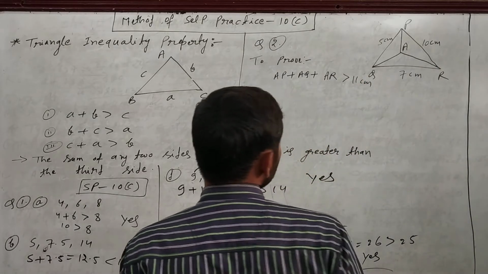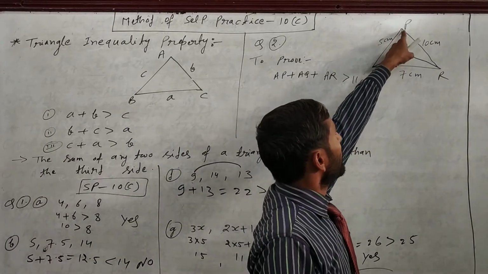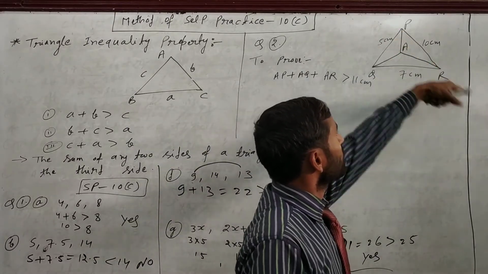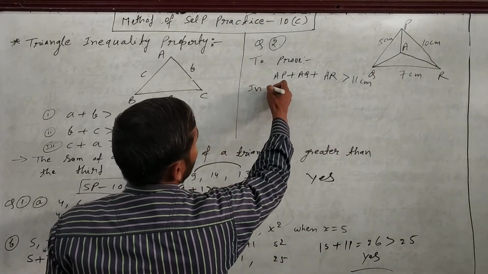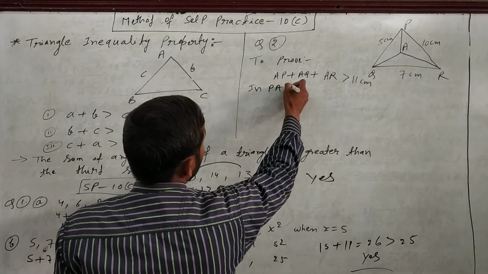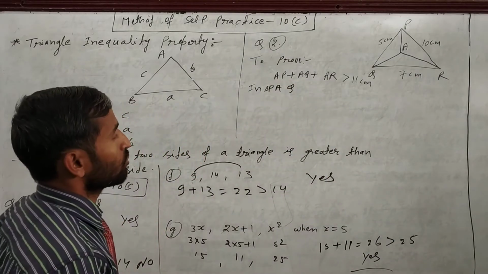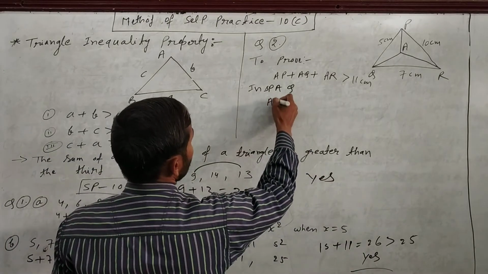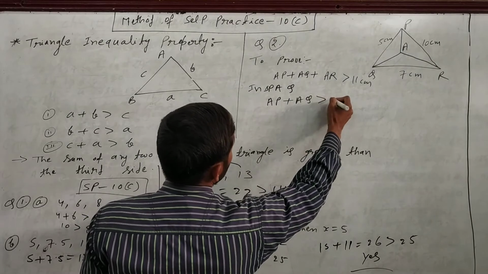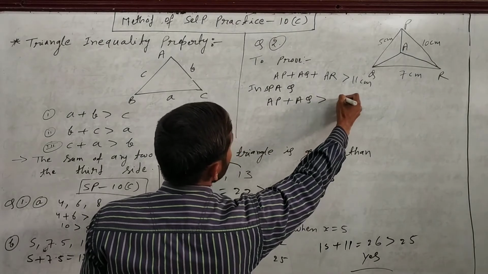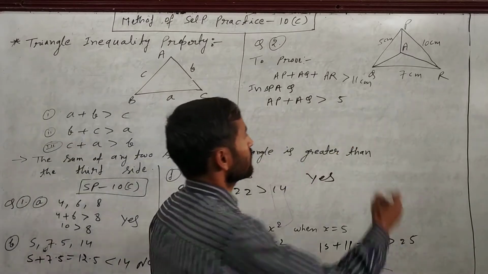For that, first of all, in triangle PAQ, we will use the triangle inequality. So AP plus AQ is greater than PQ. PQ means 5. So this is the first equation.